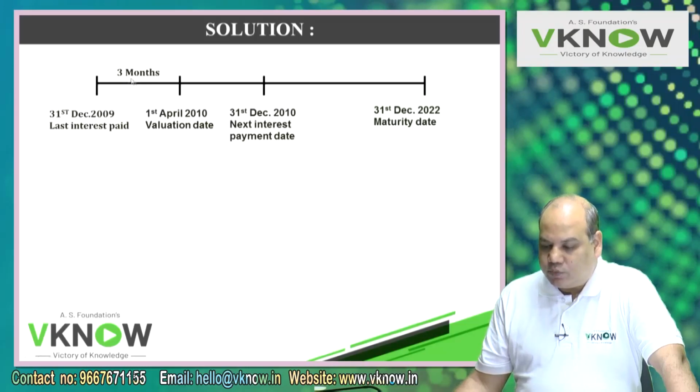Interest has accrued for 3 months. What is the gap between date of valuation and the next interest payment date? 9 months. Now this 9 months will be required because you have to discount this 31st December 2010 value to 1st April 2010. So for 9 months you have to move backward.